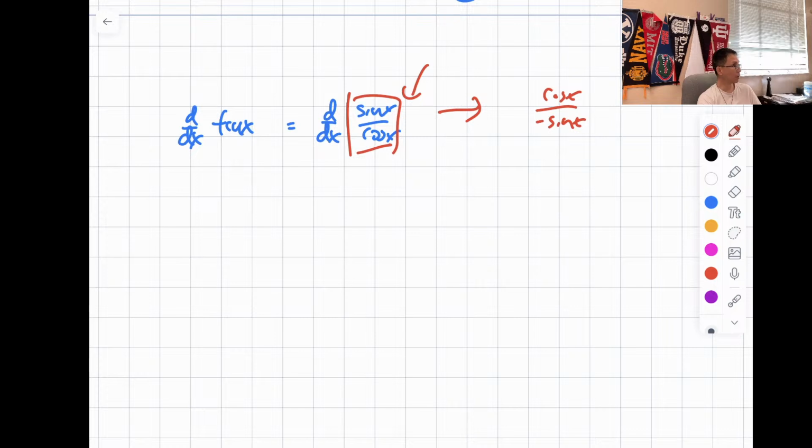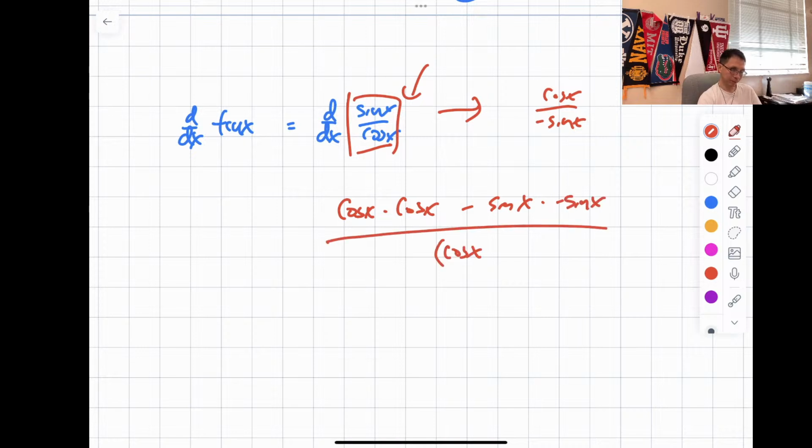Ethan, did you do that? Yeah, I did. Okay. So if you take the derivative, it's going to be low d high minus high d low over low low.